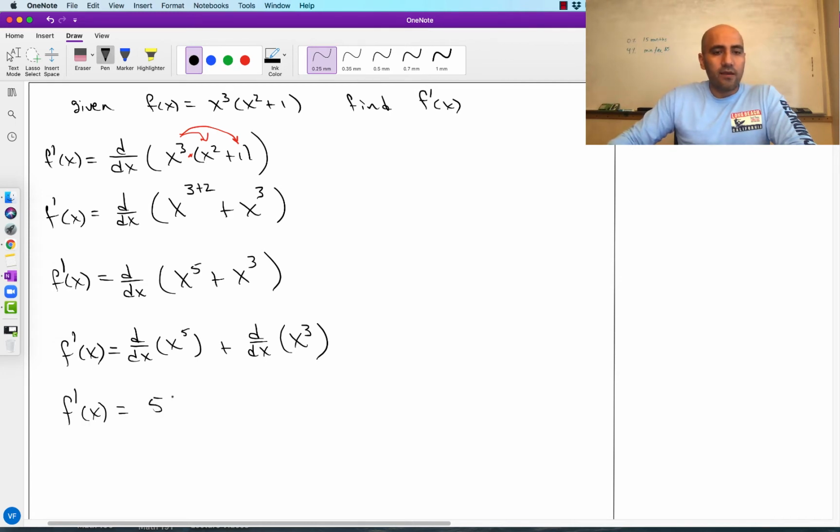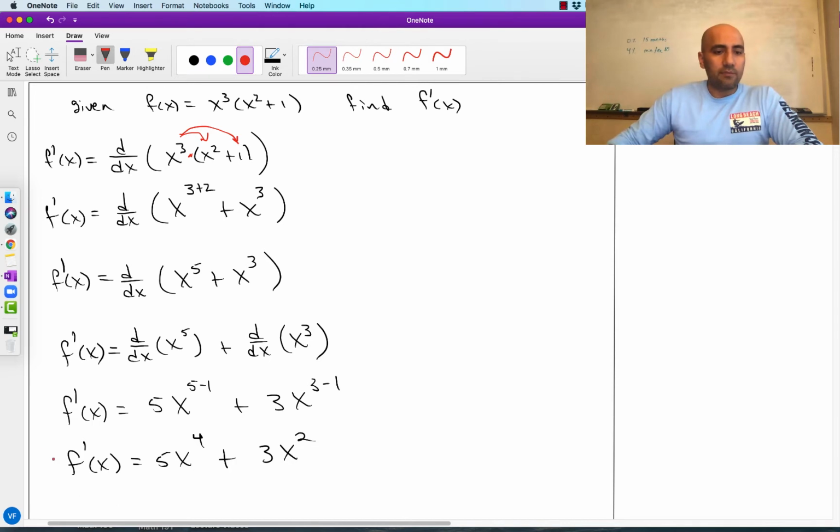It's going to be 5 times x to the power of 5 minus 1 plus 3 times x to the power of 3 minus 1, which means that our derivative is going to be equal to 5x to the power of 4 plus 3x to the power of 2. This is absolutely the correct answer.